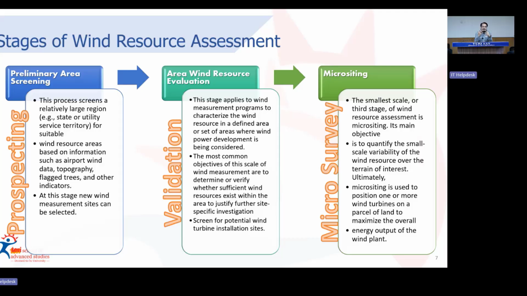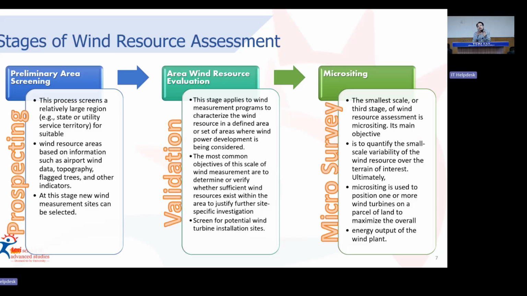At the stage of prospecting, the new wind measurement sites can be selected. So at the end of the prospecting stage, before moving to the validation stage, we will identify the potential wind sites to carry out the wind resource assessment.